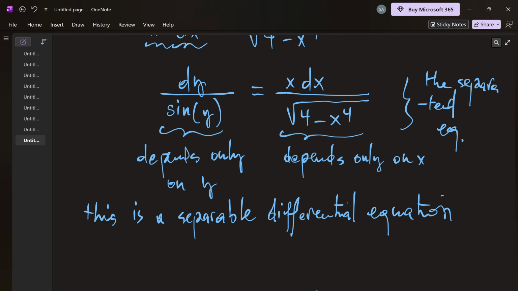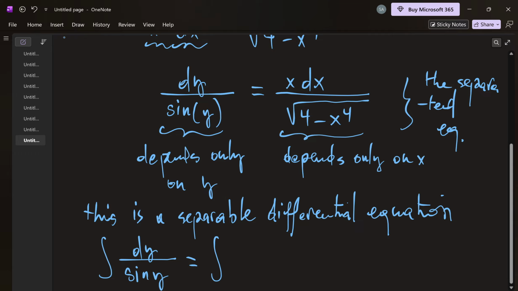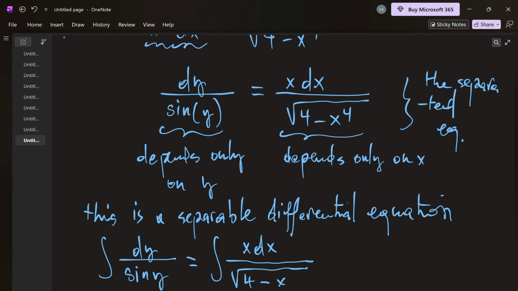So now we will integrate both sides with respect. By integration we integrate those two parts. So the integral of dy over sine y is equal to the integral of x dx over the square root of 4 minus x to the power 4 plus some constant c.